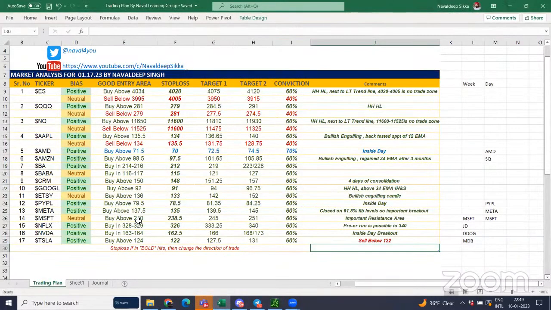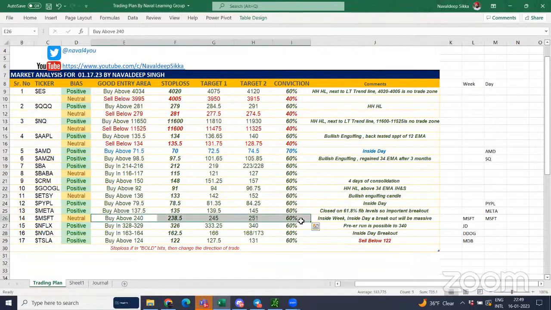So these levels, like, we have consolidated a lot in the last 2 days. If it cannot break it, it's inside week, inside day, a breakout will be massive. 251. I'm gonna make it 70%.